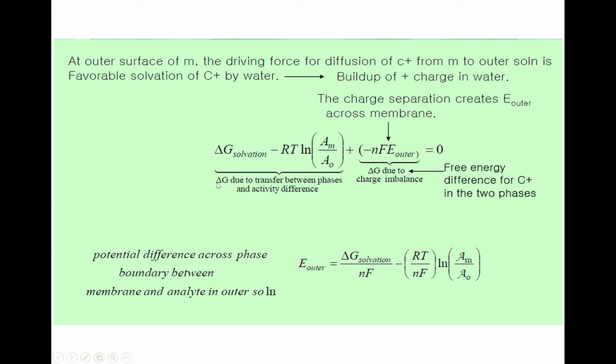So we can write: the solvation free energy change, minus RT log of this ratio, minus nFE outer membrane potential equals 0. This is also delta G due to charge imbalance. These two terms are the free energy change due to transfer between phases and activity difference.